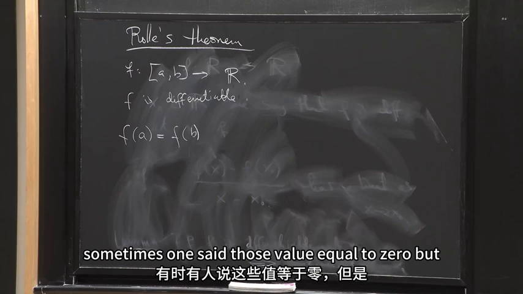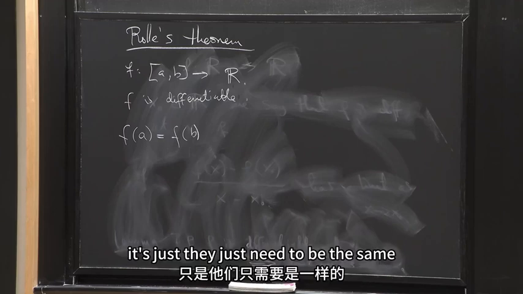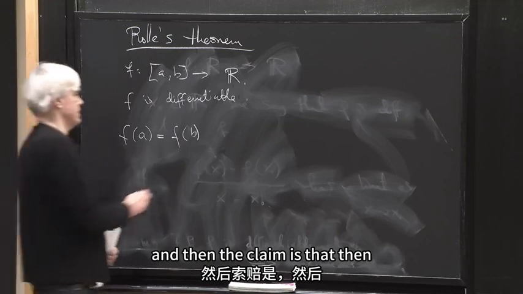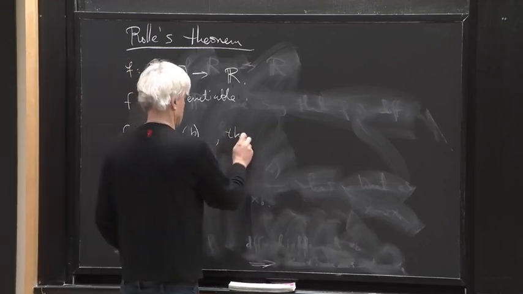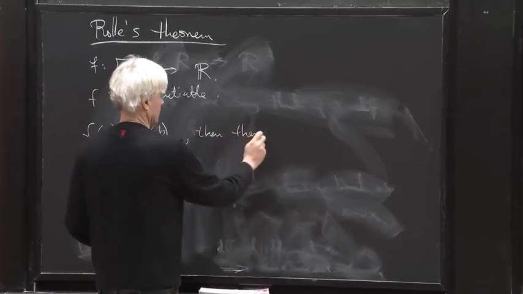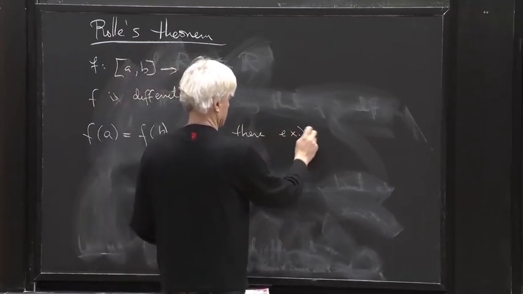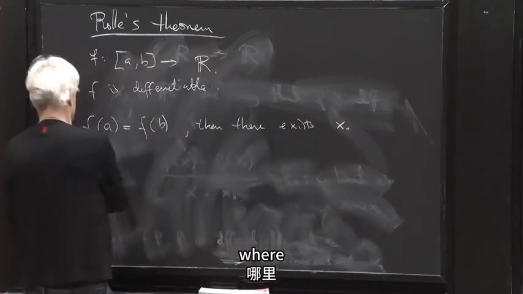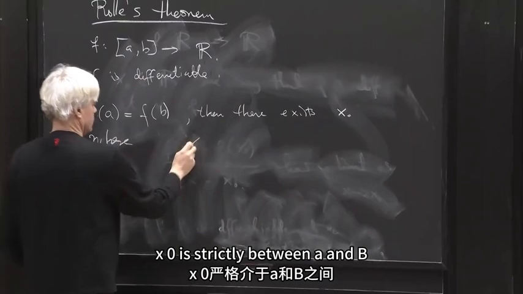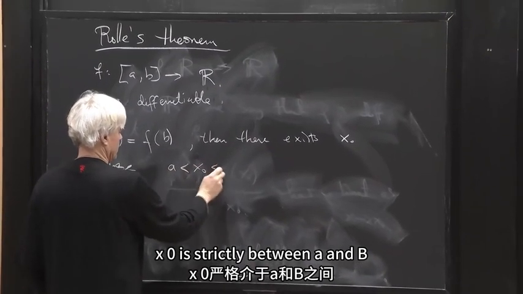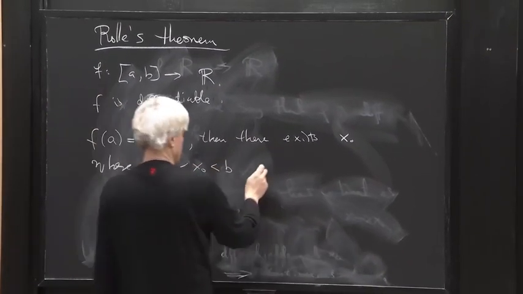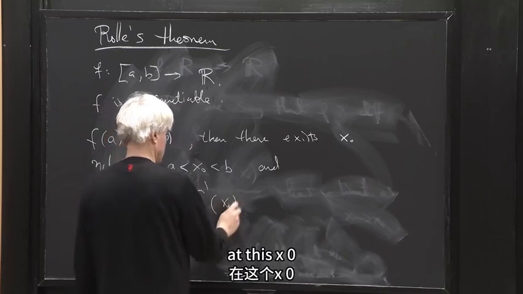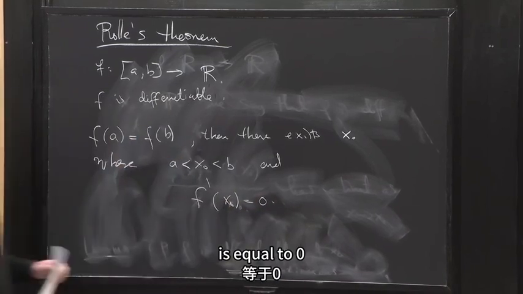Sometimes one said those values equal to 0, but they just need to be the same. And then the claim is that there exists x0, where x0 is strictly between a and b, and the derivative at this x0 is equal to 0. Okay?